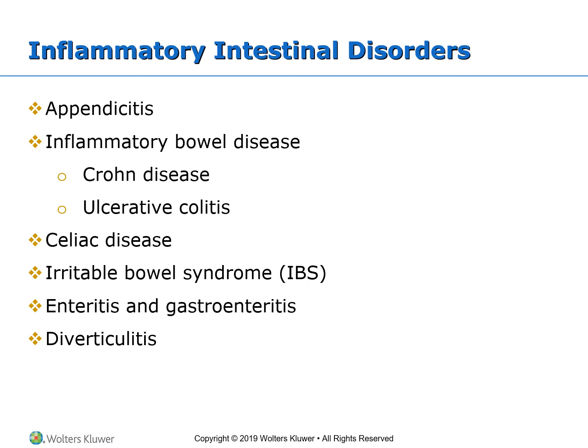Celiac disease is also a digestive condition involving the small bowel. It represents the inability to digest and tolerate gluten. And gluten is a protein that is found in wheat, rye, and barley.